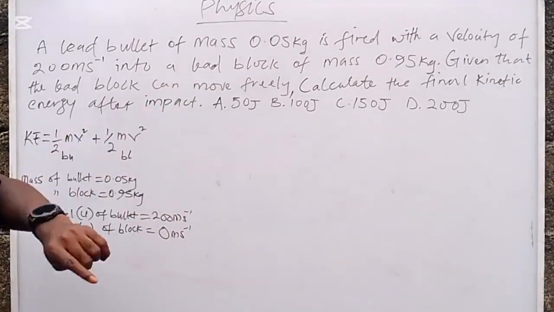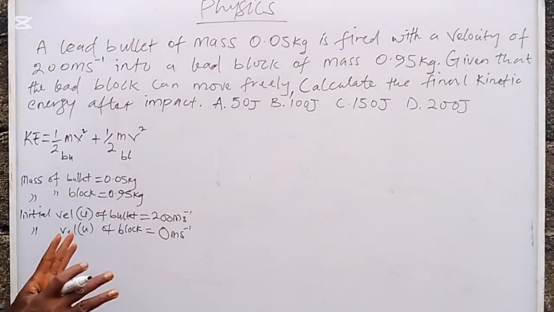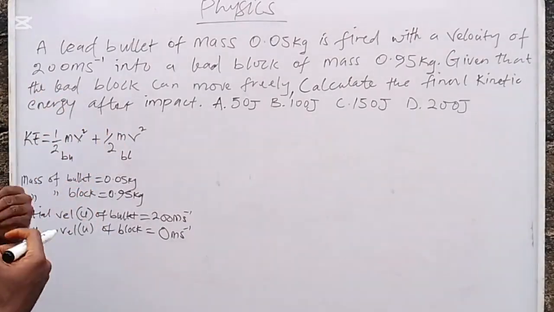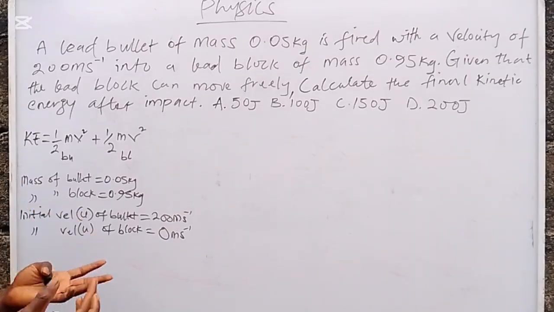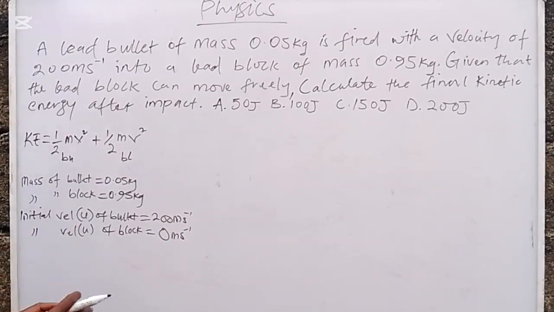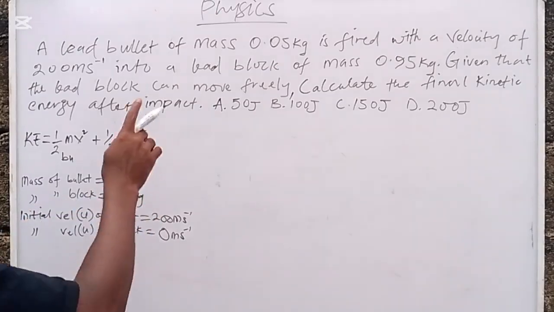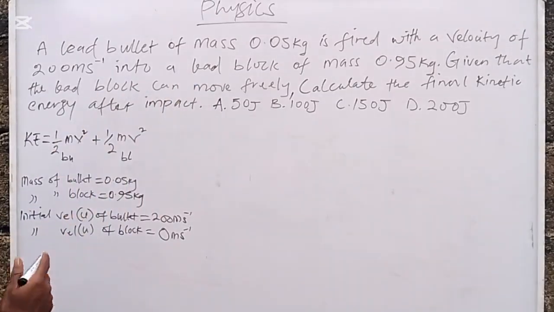The reason is that the block wasn't moving, right? The block was stationary until the bullet struck it. Since it was at rest, the initial velocity will be 0. Now, the final velocity of block and bullet after impact is not given here, right? And since it's not given, that means we have two unknowns here.